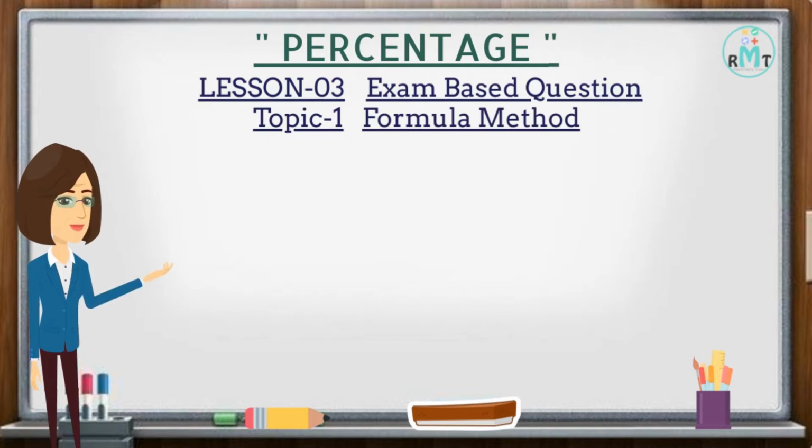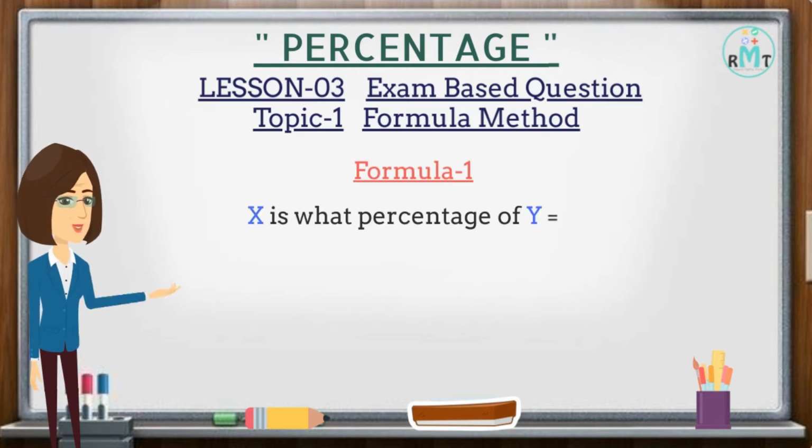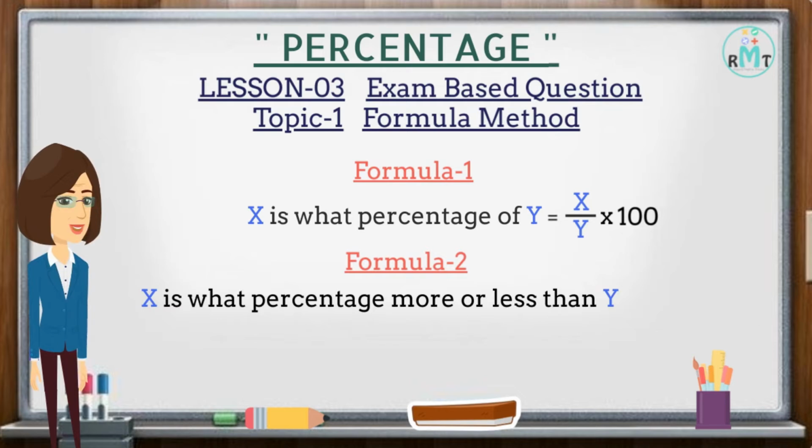In this topic, we are going to use two important formulas. Formula 1: x is what percentage of y is equal to x upon y multiplied by 100. Formula 2: x is what percentage more or less than y is equal to (x minus y) upon y multiplied by 100.